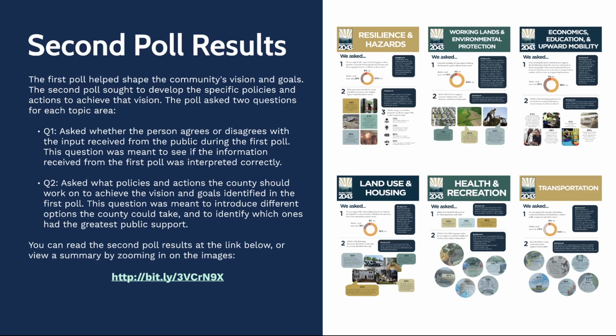Question 2 asks which efforts they support to protect natural areas, rural character, and farms. 73% said they support limiting the amount and type of development that can occur in rural and farmland areas.